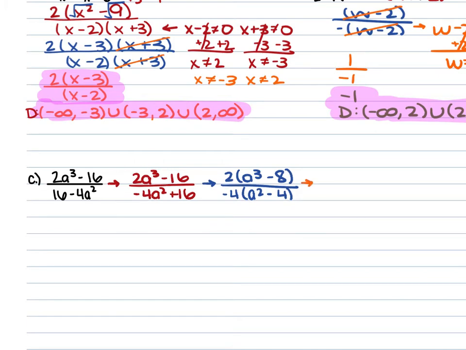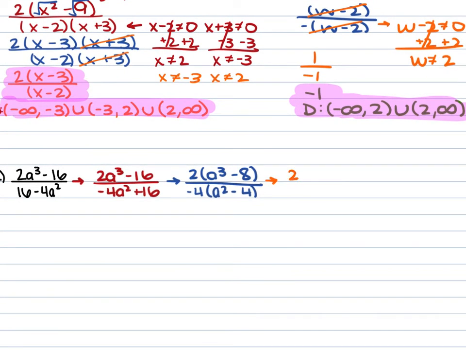So this then simplifies to be 2 times a minus 2 times a squared plus 2a plus 4 over 4 times a minus 2 times a plus 2, because at the bottom we have a difference of squares.